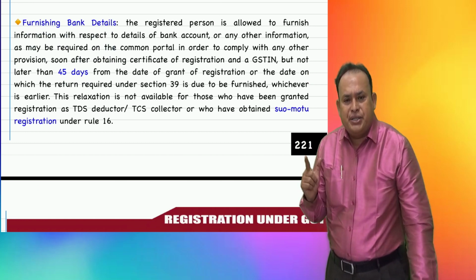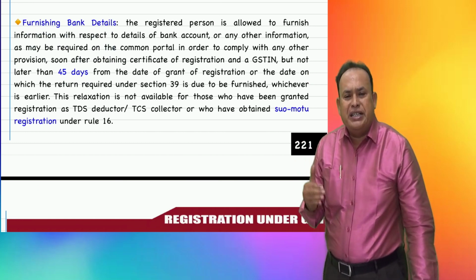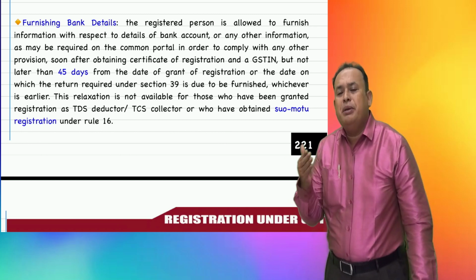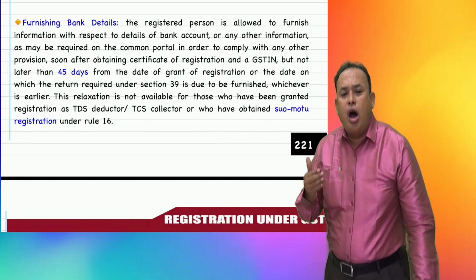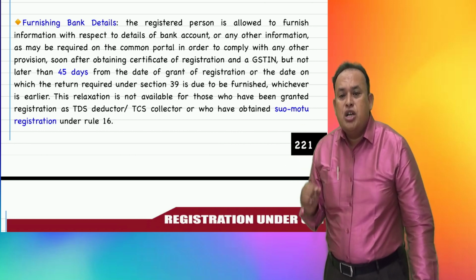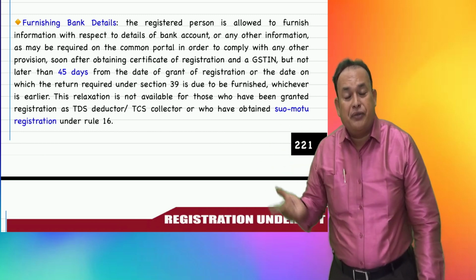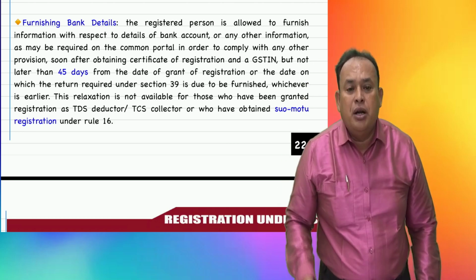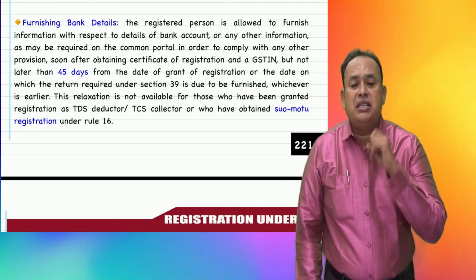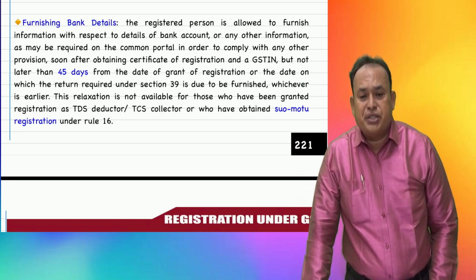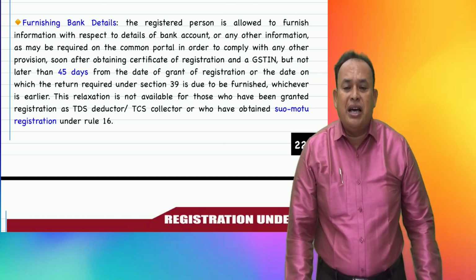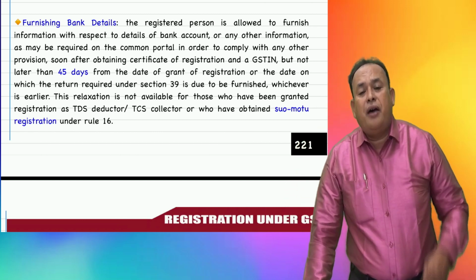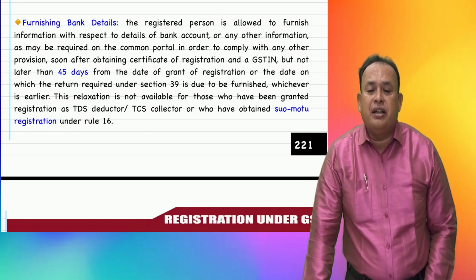Furnishing bank details: the registered person is allowed to furnish information with respect to details of bank account or any other information as may be required on the common portal, soon after obtaining the certificate of registration and GSTIN, but not later than 45 days of the grant of certificate of registration, or the date on which the return required to be furnished under Section 39 of the GST Act is due, whichever is earlier.